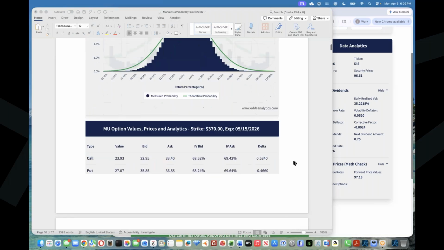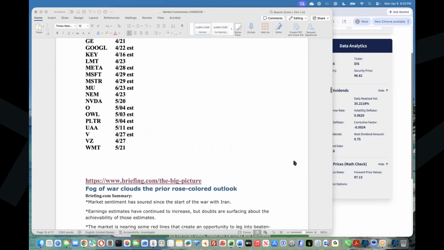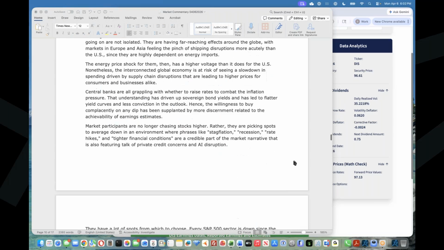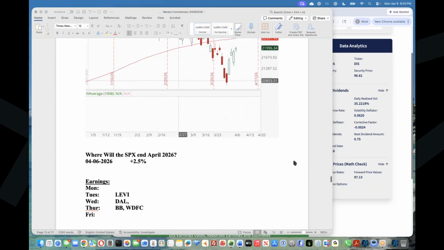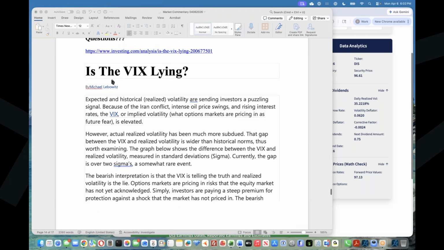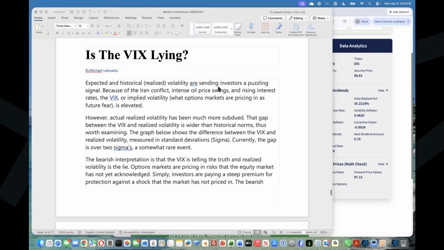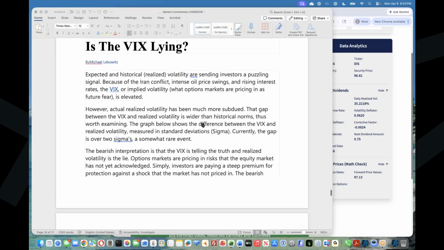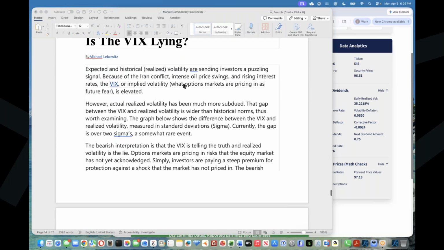There was an article, let me go down, I put it up here on this document so that you guys can look at it later. Investing.com had this article, Is the VIX Lying? And it went into the differences between historical volatility and implied volatility.